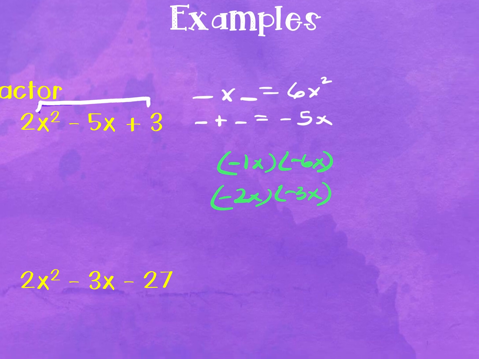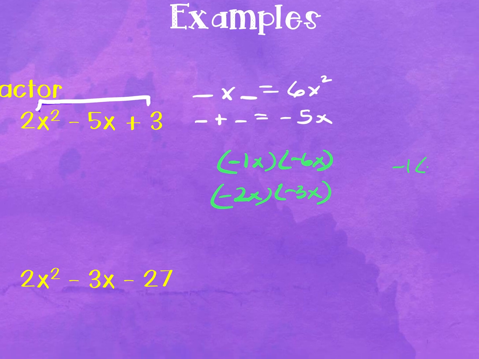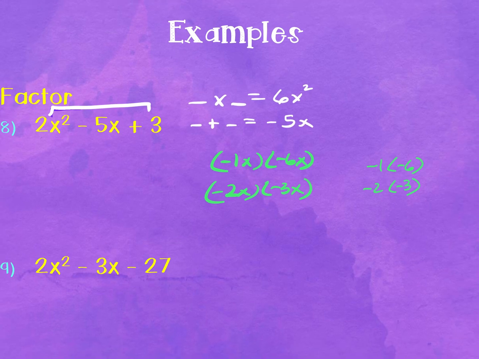So again, if you'd rather just do negative 1 times negative 6 and negative 2 times negative 3, just remember when you go to put it into the 4-term polynomial that they've got x's with them. So now when I add these, I get negative 7, and when I add this one, I get the negative 5 that I needed.